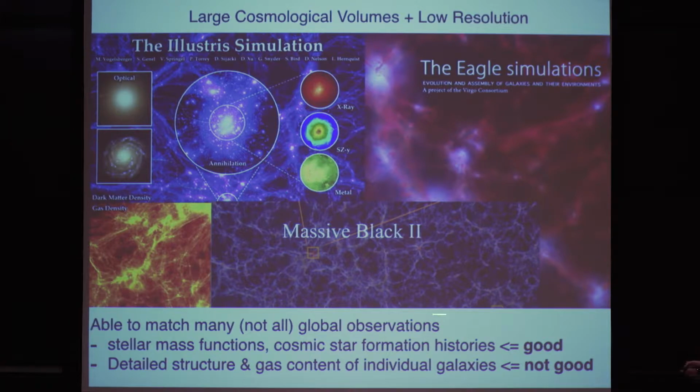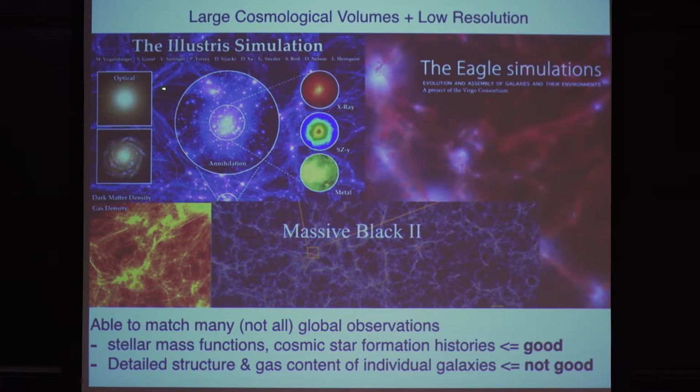These classes of simulations actually do a good job of matching many global parameters in galaxy formation, things like the stellar mass function, the star formation history of the universe, etc. However, they do less of a good job of reproducing the detailed structure of individual galaxies, reproducing spiral structure, really thin disk galaxies. They tend not to get the gas content of individual galaxies right. Stuff like that they get wrong. But again, this is probably where their resolution, et cetera, is starting to hurt them.